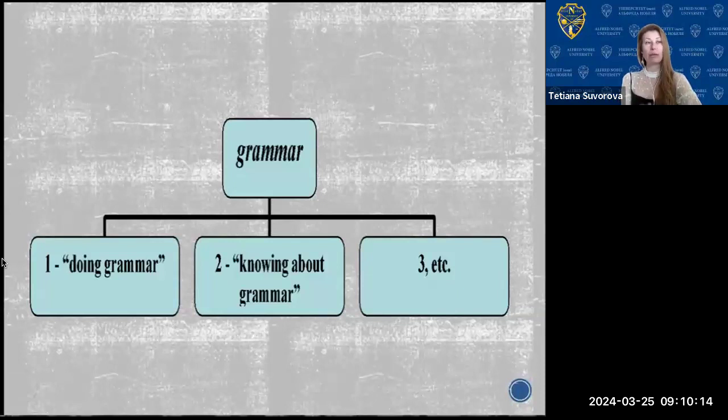Knowing about grammar is something about the already theoretical aspects of grammar, because to describe, generally to get oriented, to structure knowledge about grammar, and so on. And also additional meanings that can appear with the flow of time and the development of that word.